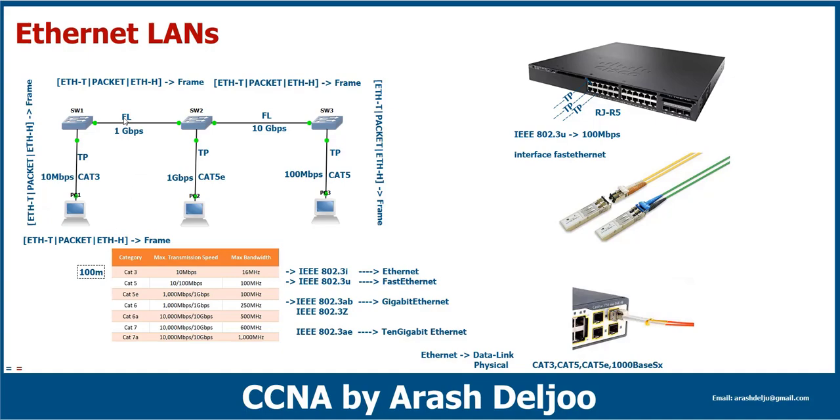Okay, but about the fiber link, as I mentioned before, if you are using, for example, short wavelength, for example SX links, okay, we have, for example, 2 kilometers or in some cases 400 meters. Okay, this is different about the networks, about the cable types.